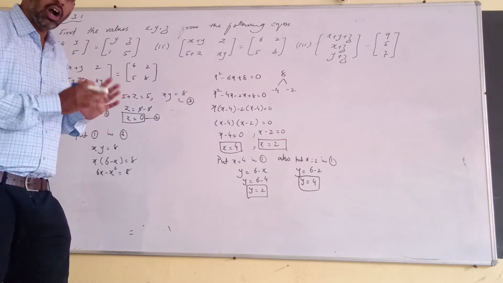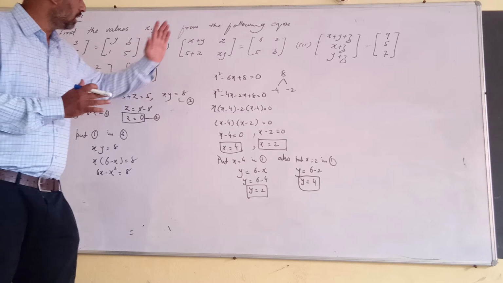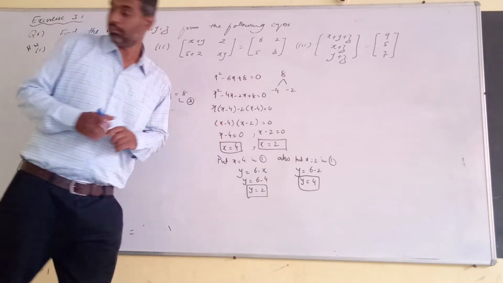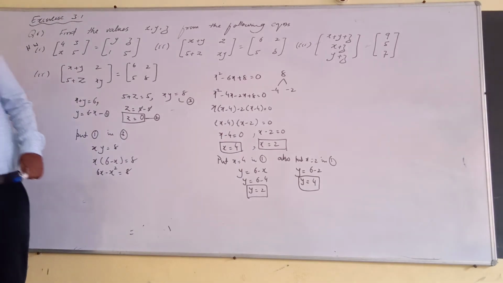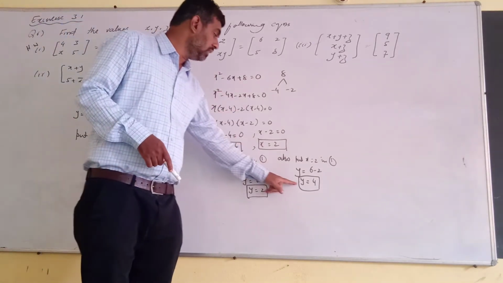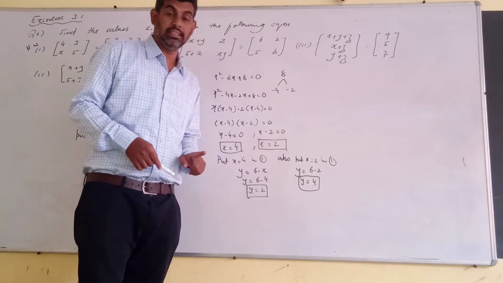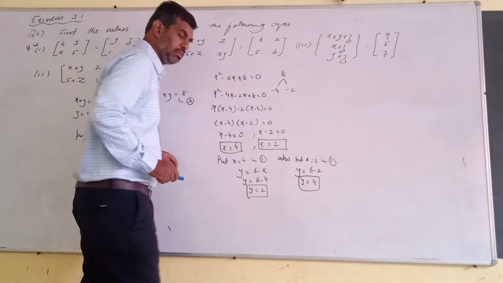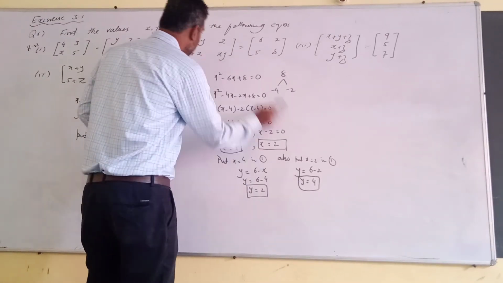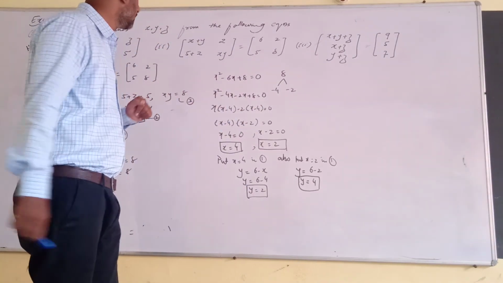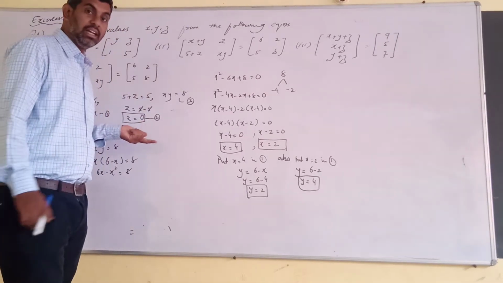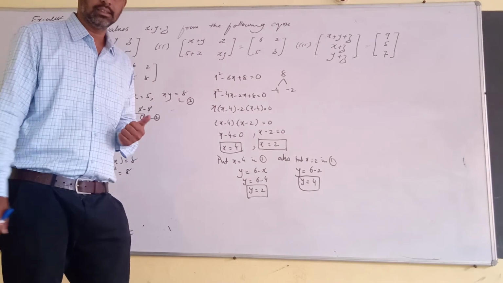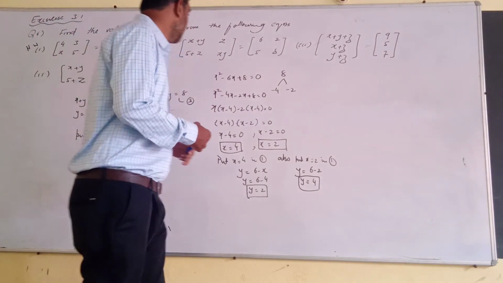If it is not satisfying the equation, then the answer is not valid. Just orally we have to check. 4 plus 2 is 6. Yes, possible. Both are correct. 2 plus 4, both are valid answers. If it is not valid, then we have to write the value is invalid or doesn't exist. Now we will move to the next question.